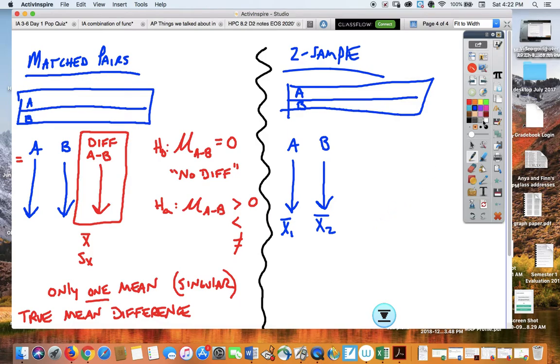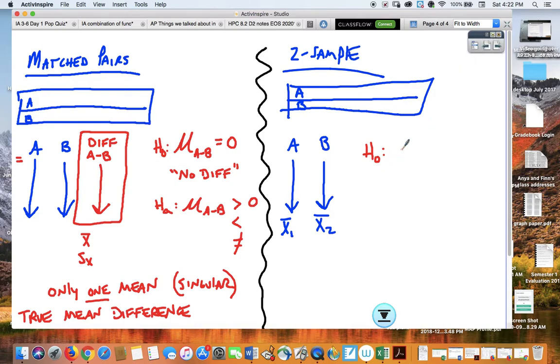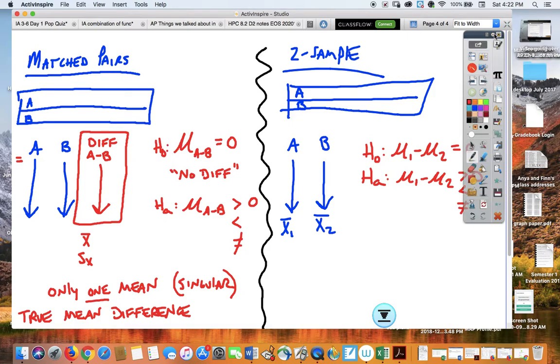So when you're thinking about your hypotheses, the null hypothesis, you could write a couple different ways. One way to say it would be that the difference between those two means is zero, meaning, again, no difference. The alternative would be that the difference between those two means is maybe greater than zero or less than zero or not equal to zero. That would be one way you could write them.